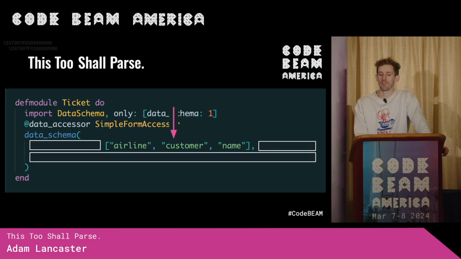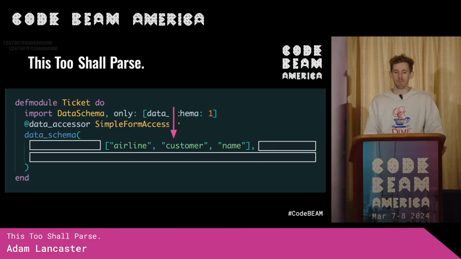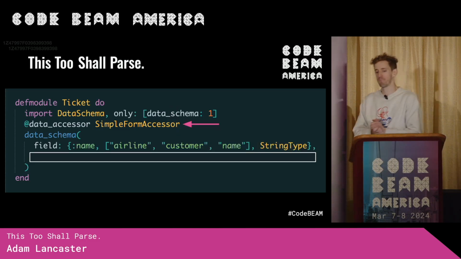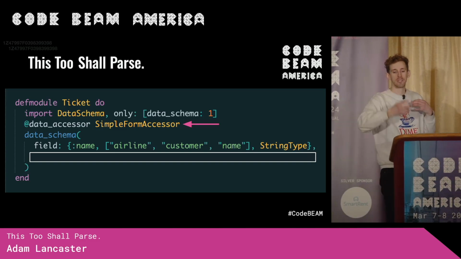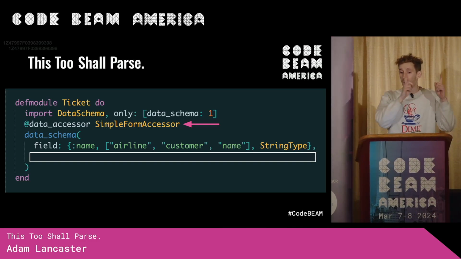So how does the library understand how to apply the path? Well, it doesn't, right? You do. So you implement this accessor here. And again, this is a callback module that when we're creating these structs, will be given the path for the specific field. So here, airline customer name, that's a path.